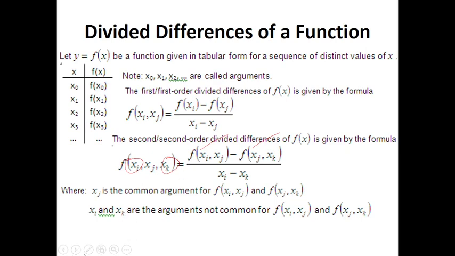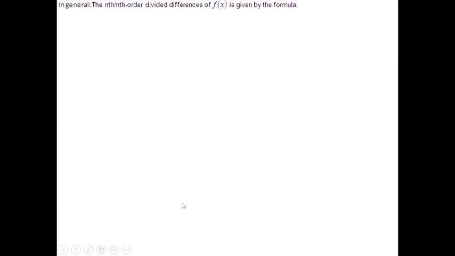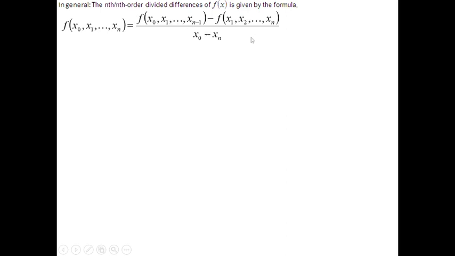So this is the general rule. The nth order divided differences of the function is given by the formula. So this is the formula in finding the nth order divided differences of the function.